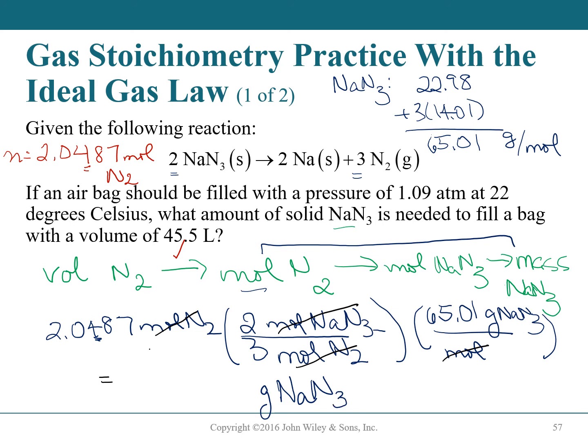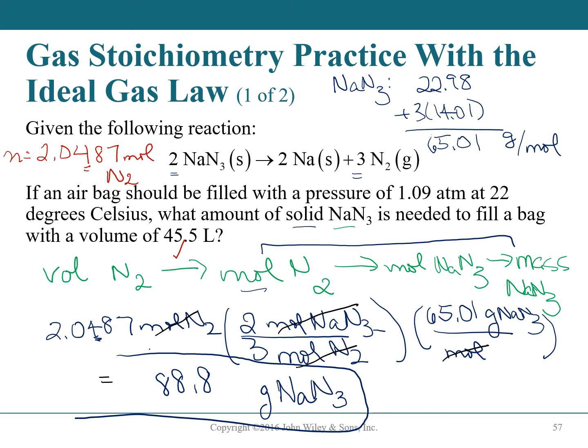Okay, so 2.0487 times 2 divided by 3 times my 65.01, and I get something like 88.8 grams of sodium nitrite. All right, and that's how much we need to fill the bag.